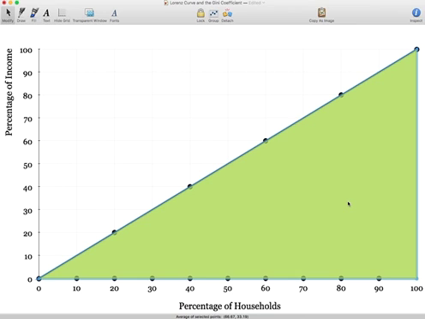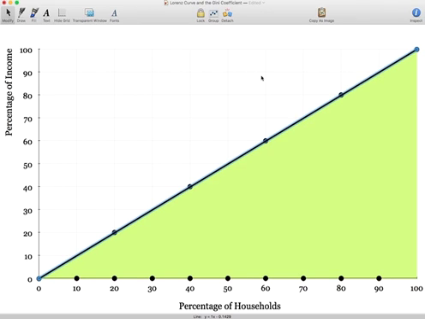So make sure you remember that when you have the ultimate skewed incomes in an economy, the Gini coefficient is equal to 1. So also realize that as the Gini coefficient is creeping towards 1, that means we're having a greater income inequality in an economy.